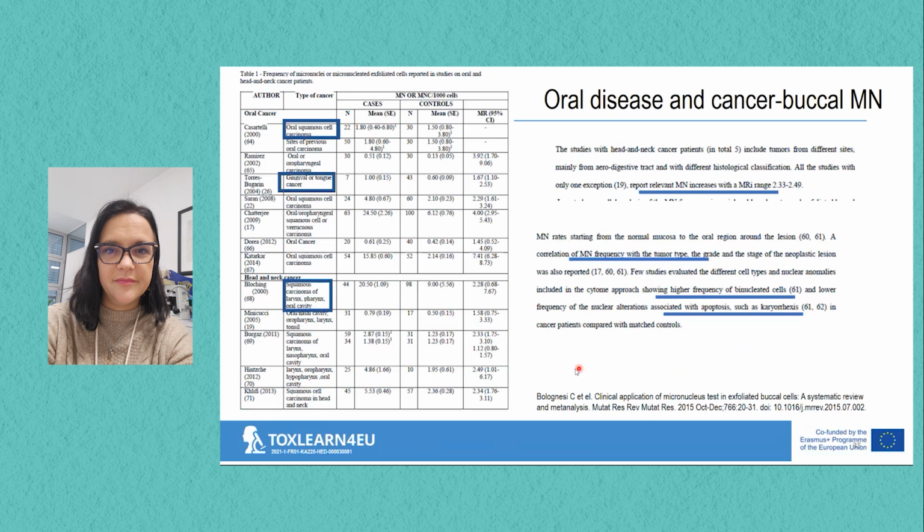In those cases, not only was the micronucleus frequency increased, but there was also a higher frequency of binucleated cells and cells with apoptosis. You can check this article for this systematic review because those are results from that systematic review.